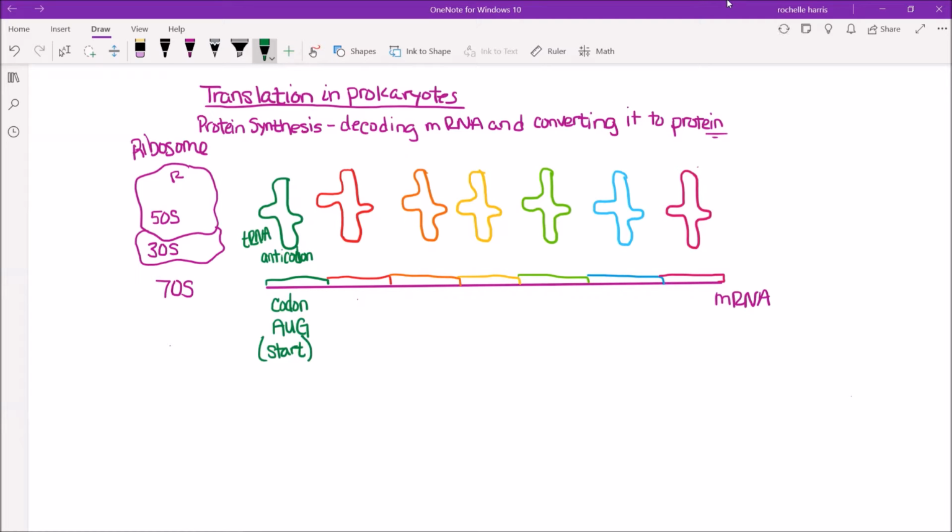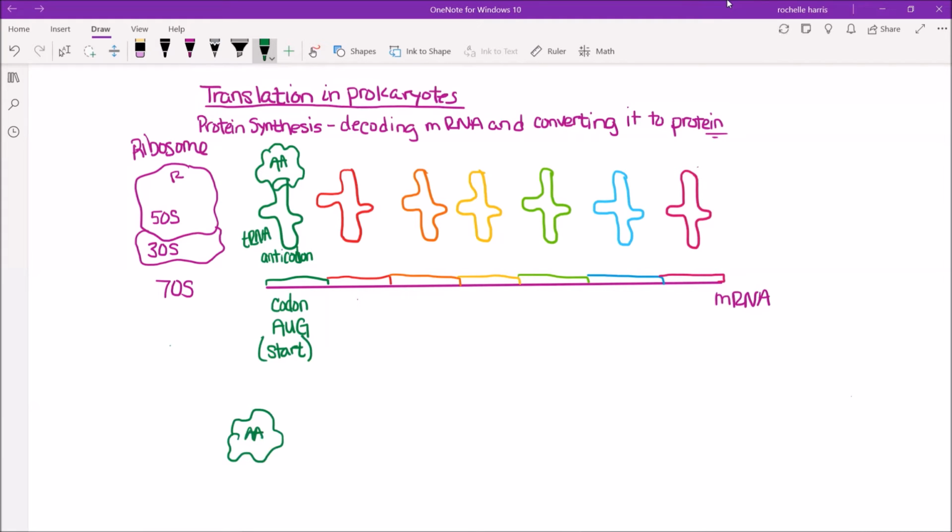So it binds to that codon, and it has an amino acid attached to itself. Then it goes through the ribosome, and the amino acid is left.